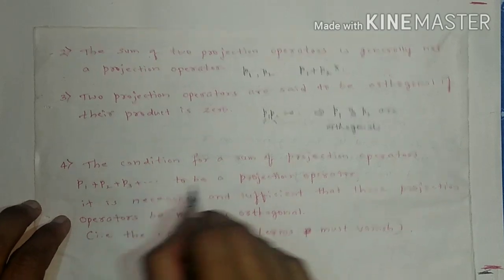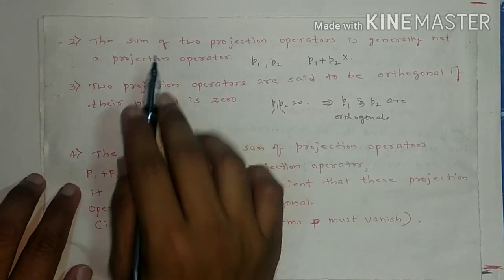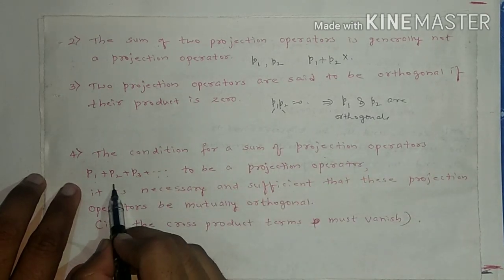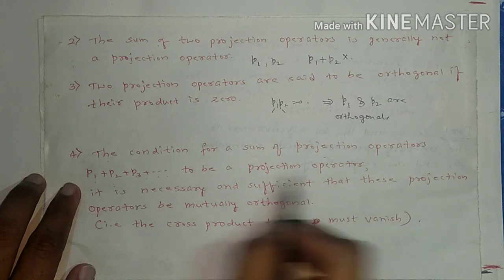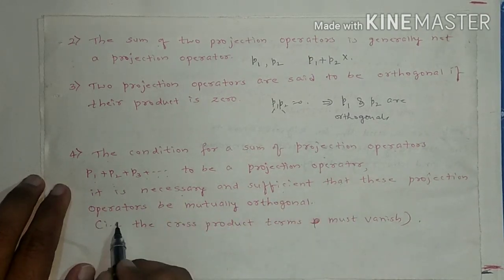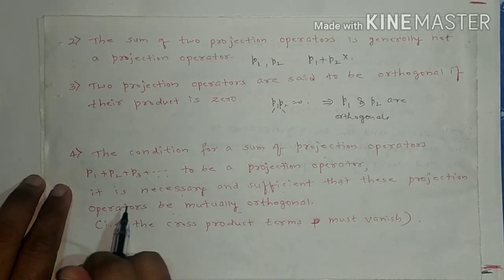Okay, the fourth one is related to property number 2. The condition for a sum of projection operators P1, P2, P3 to be a projection operator is necessary and sufficient: that these projection operators be mutually orthogonal.